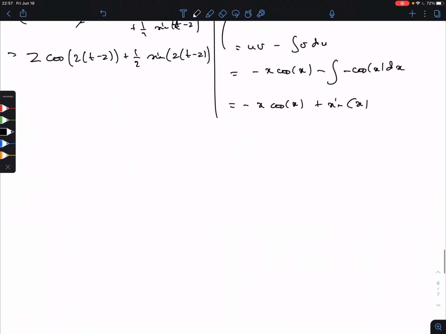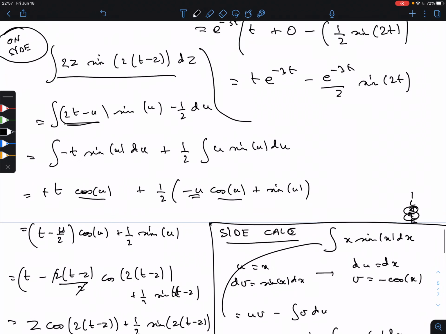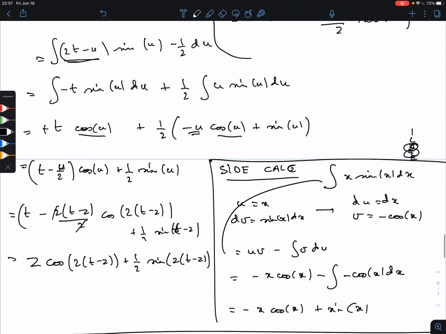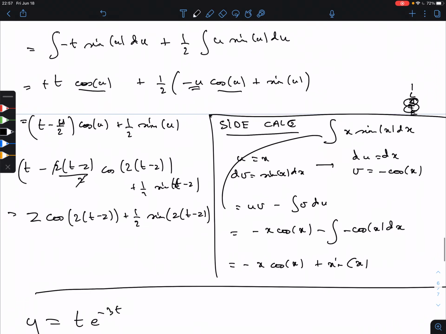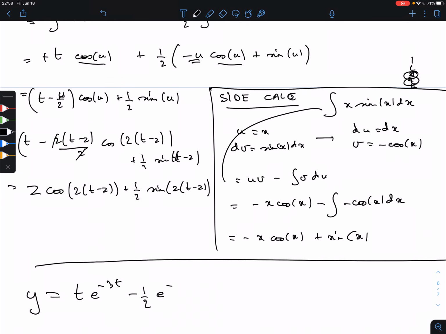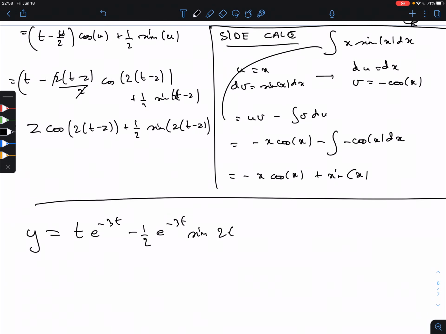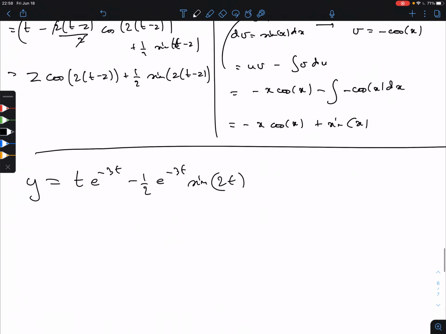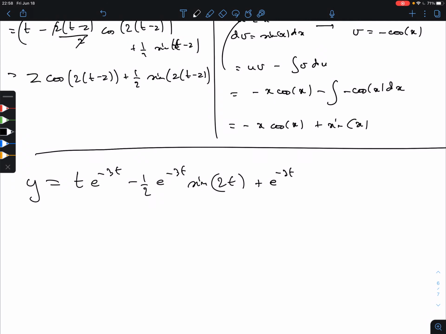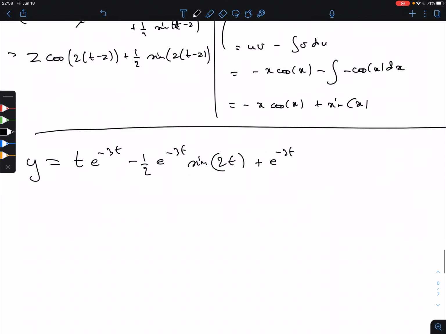And now we put everything together, because I'm not going to make the mistake twice, right? So the solution is this: what we just calculated was our integral. That was this guy, t e to the minus 3t minus a half e to the minus 3t sine 2t, plus, and then we had these two tail terms, also plus e to the minus 3t cosine 2t plus a half, right?